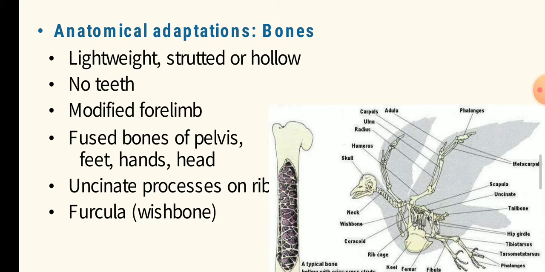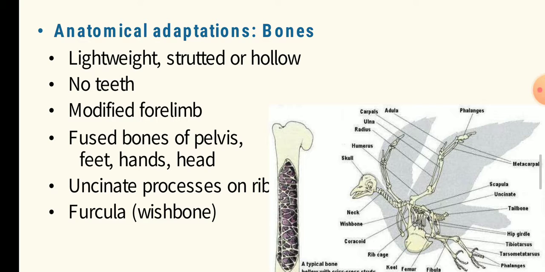The uncinate process of the thoracic ribs helps in providing compactness and also helps in flight by concentrating the mass.